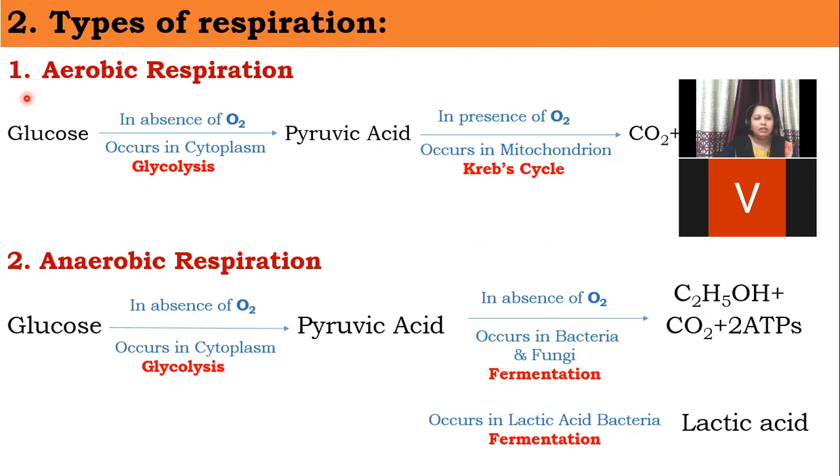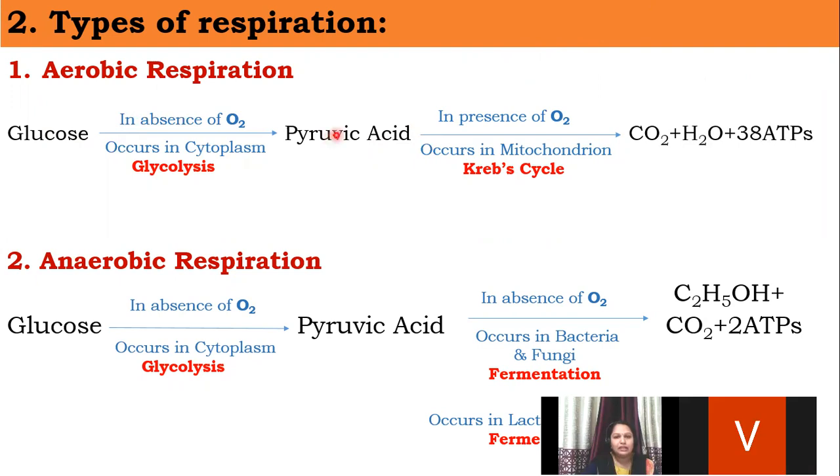So in aerobic respiration, the glucose in first step is converted into pyruvic acid. In the first step, it is converted into pyruvic acid and this reaction takes place in absence of O2. Okay. In the first step of aerobic respiration, the glucose is converted into pyruvic acid and this reaction takes place in absence of O2. Okay.